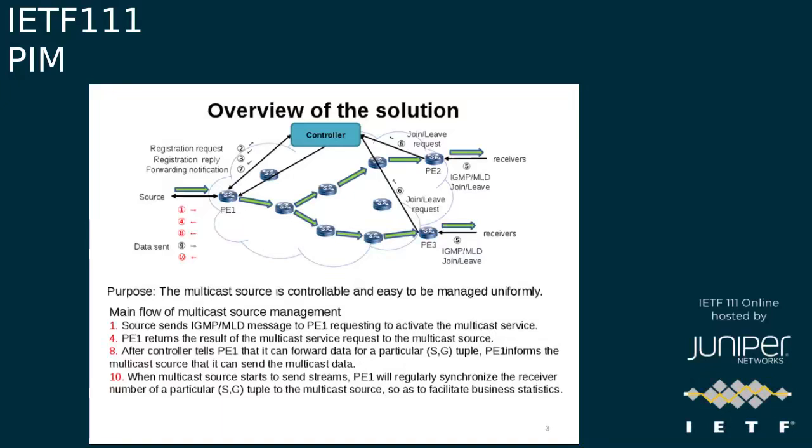Step 5, receivers send IGMP or MLD messages to egress routers requesting to join or leave an S,G. Step 6, egress routers send these requests to the controller. Step 7, the controller informs the egress router to start or stop forwarding.